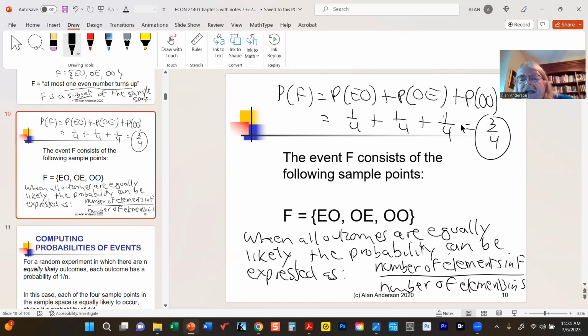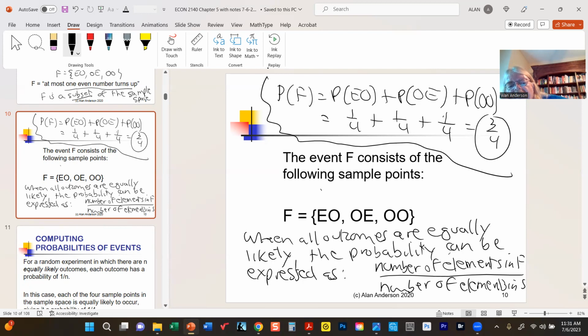No, you don't even have to add them up like that. You can just say, well, listen, there's 3 elements in F, there's 4 in the sample space, therefore the probability must be 3/4. But this is only true when they're all equally likely. What you're seeing here is always true. No matter what's going on with the sample space, with the experiment, you can calculate the probability of an event by adding up the individual outcomes in that set.